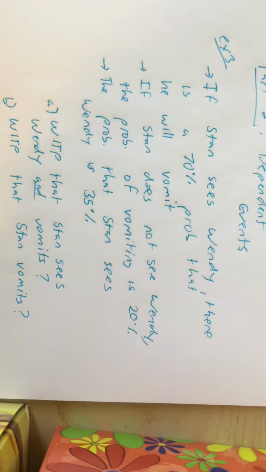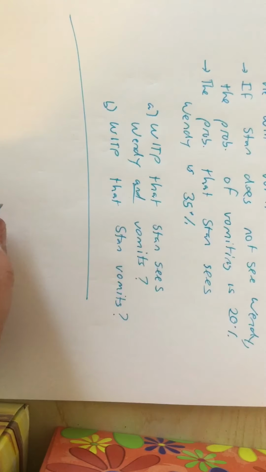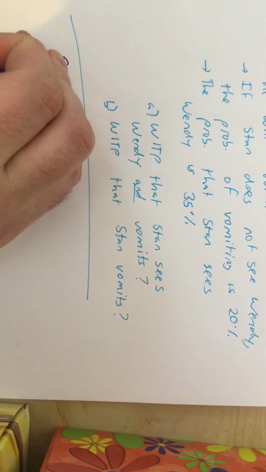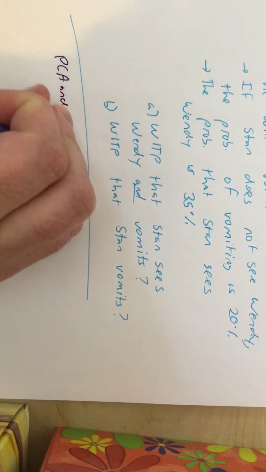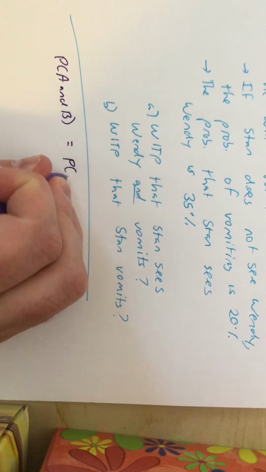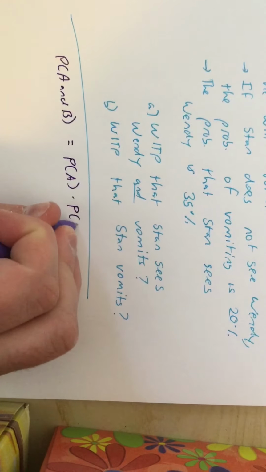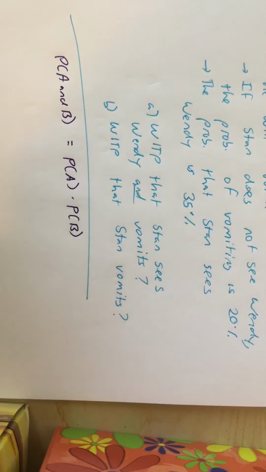So since they're not independent events, remember, before, the formula was that the probability of A and B was the probability of A times the probability of B. But that's no longer the case.